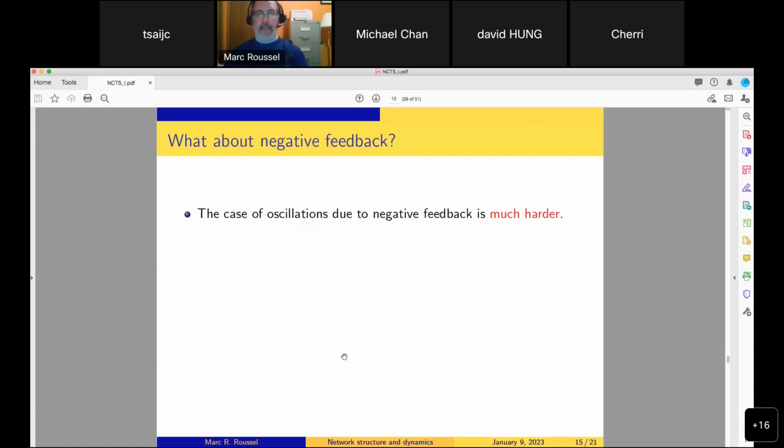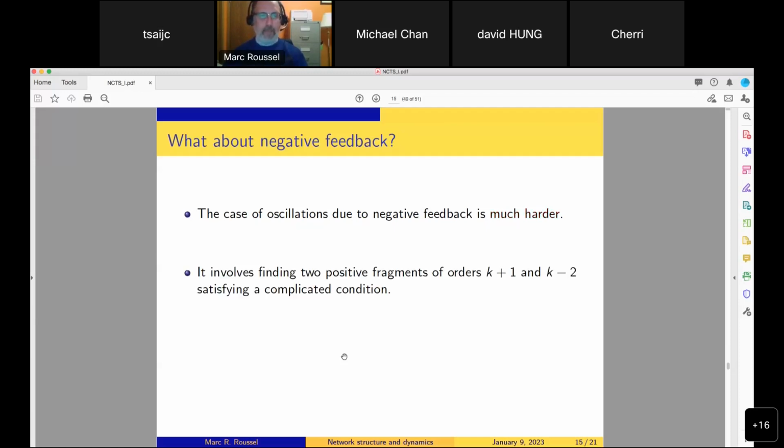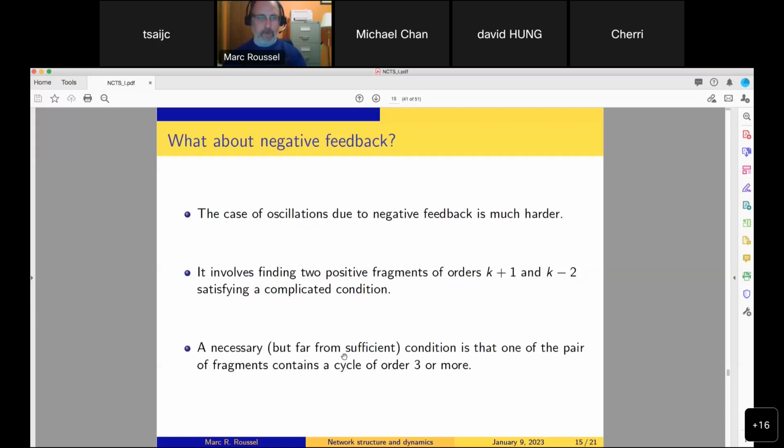The case of negative feedback, what you have to do is look at interactions between pairs of Hurwitz matrices, and so it is more complicated. You have to find two positive fragments of order k plus 1 and k minus 2 satisfying a complicated condition. So you can already see there are going to be limits; you have to have a certain size of system before this is even possible.